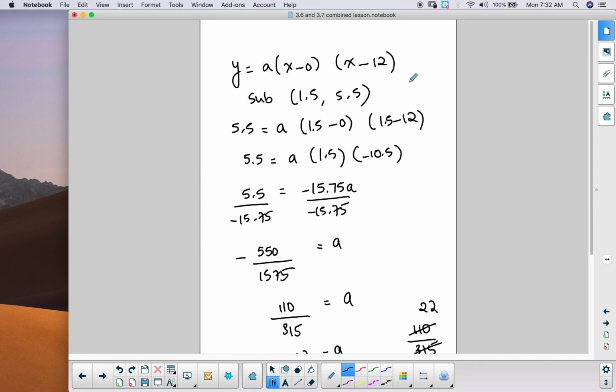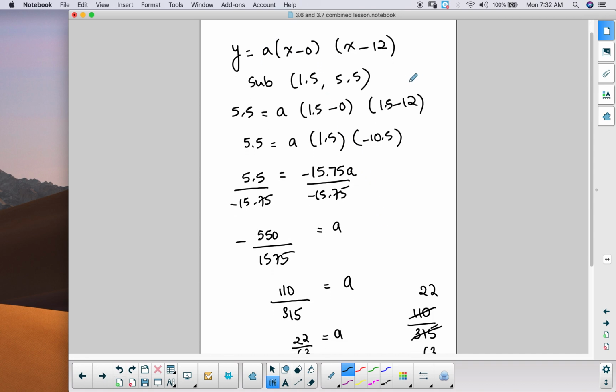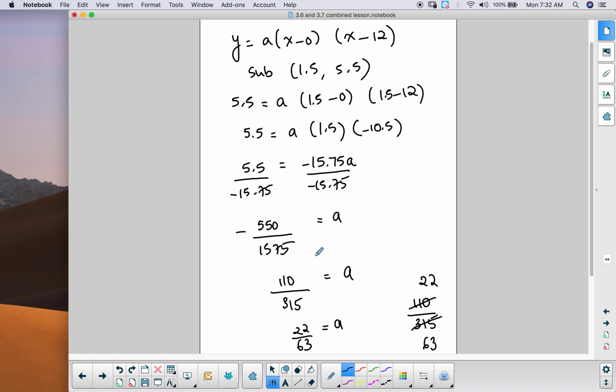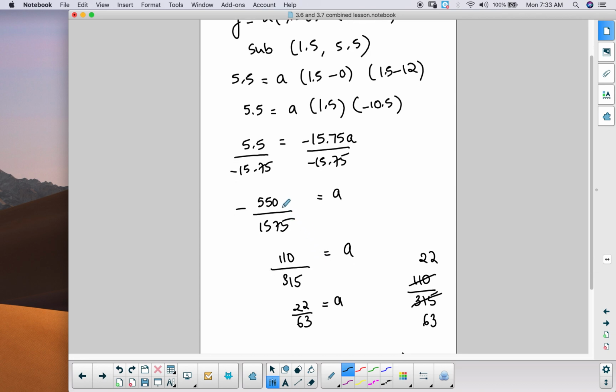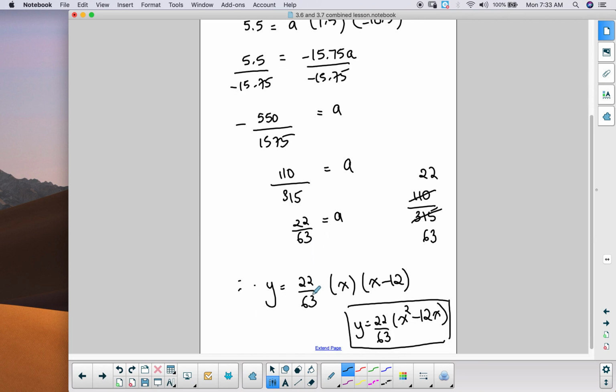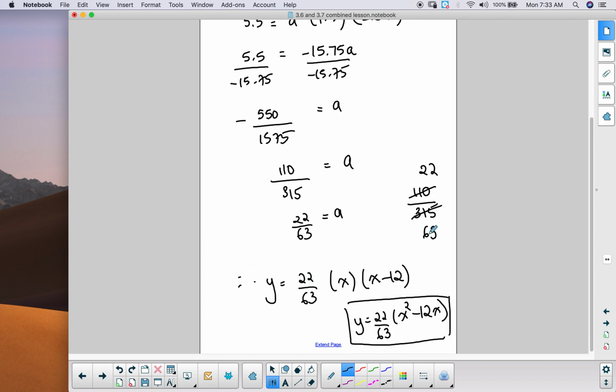So I wrote the factored form here: y equals a(x minus 0)(x minus 12), and I substituted (1.5, 5.5). And I got the a value as negative 5.5 divided by 15.75, which I brought to lowest terms as 22 over 63. And then that is the equation of the bridge. Okay, so that's the equation of the parabola, or the parabolic bridge.